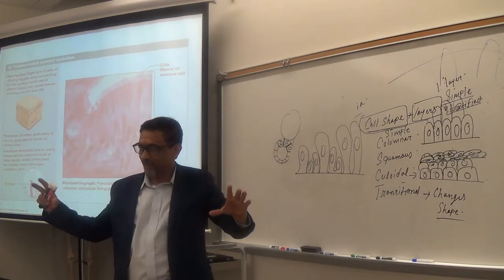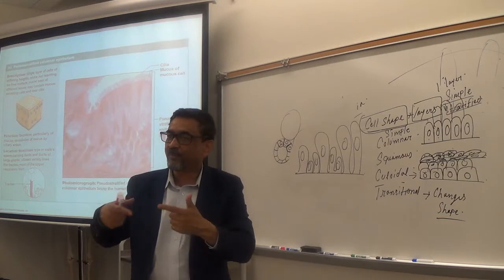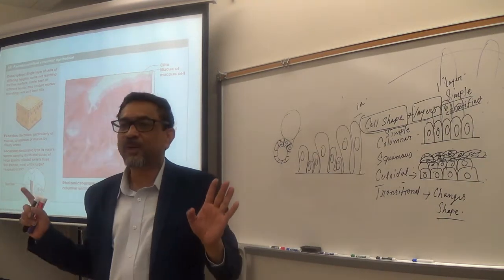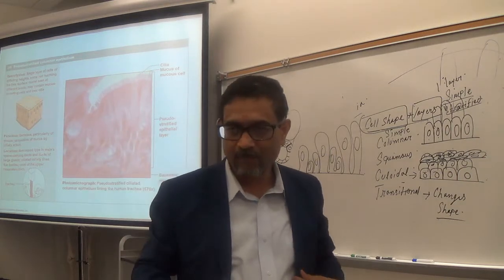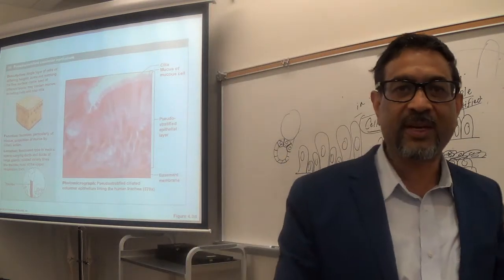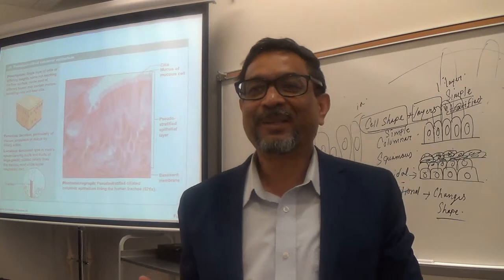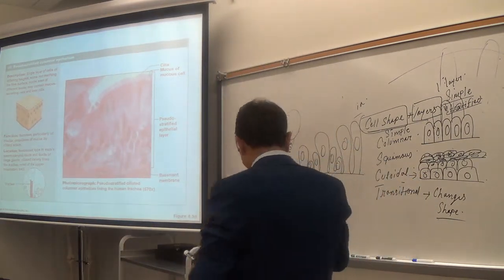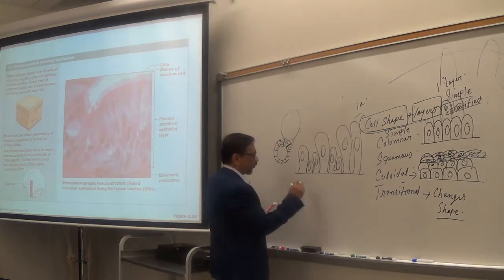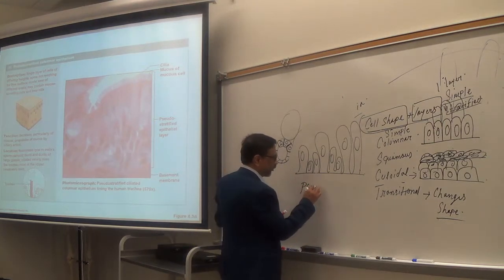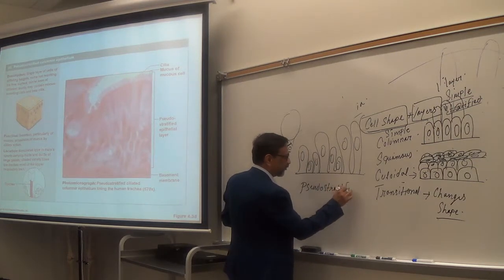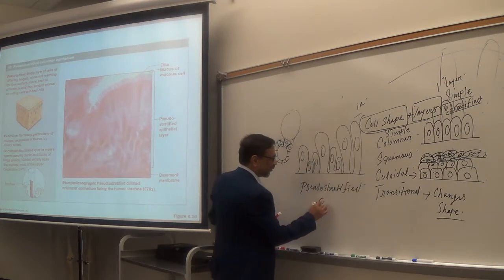So it gives you a false impression of multiple layers, although it is a single layer. Make sense? So that's why it is called pseudo. Means what? Pseudo, false, right? Pseudo-stratified means false multiple layer. It's actually a single layer. So that's why this is called pseudo-stratified columnar.